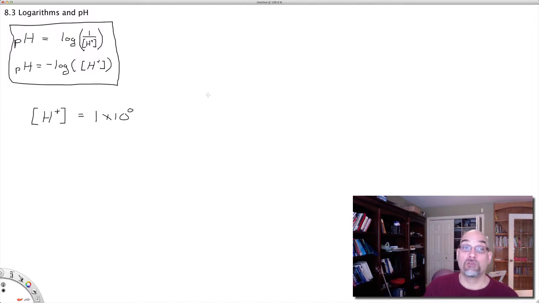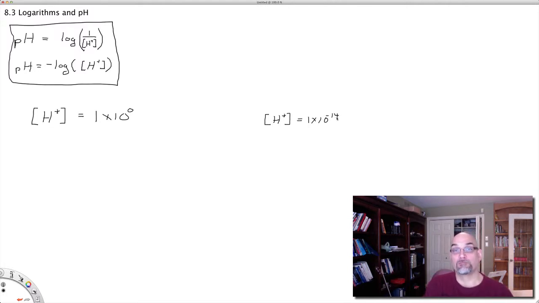So that is about the most that we can ever see in water. And then on the low end, the smallest concentration we would typically see of hydrogen ions in water is 1 times 10 to the minus 14.